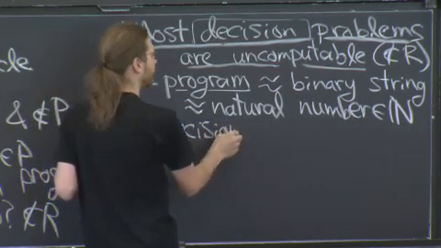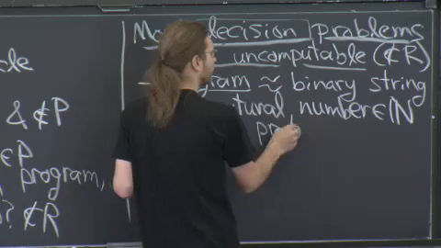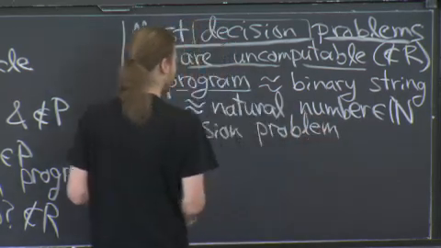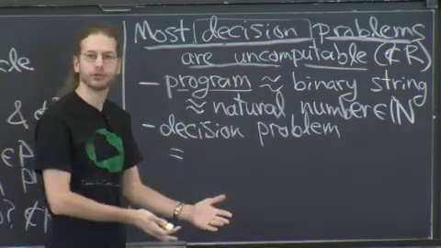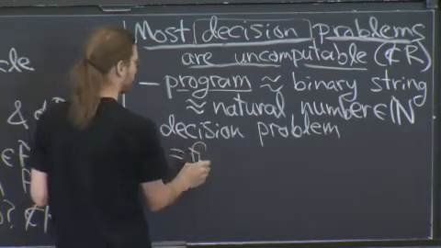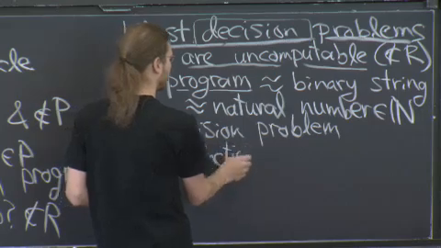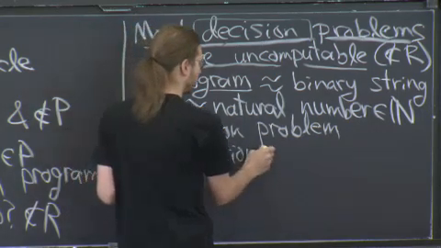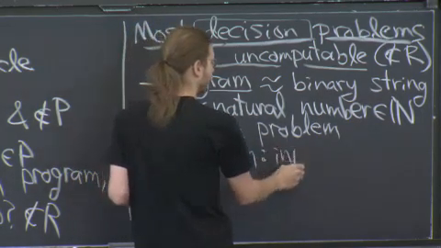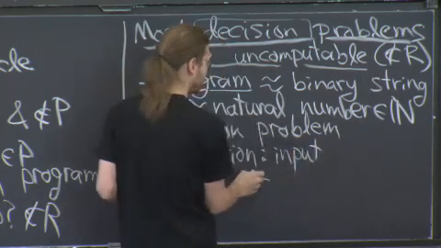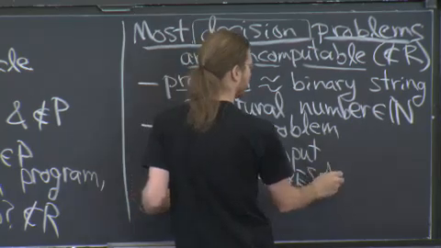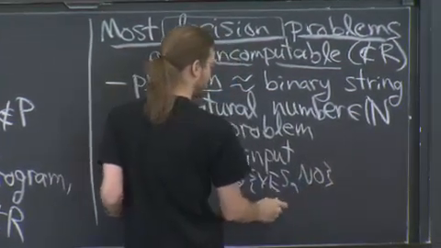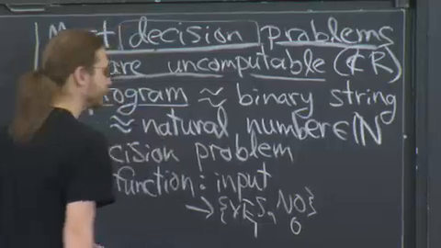So how can I define a decision problem? Well, the natural way to think of a decision problem is as a function from inputs to yes or no, or you can think of that as 1 and 0.